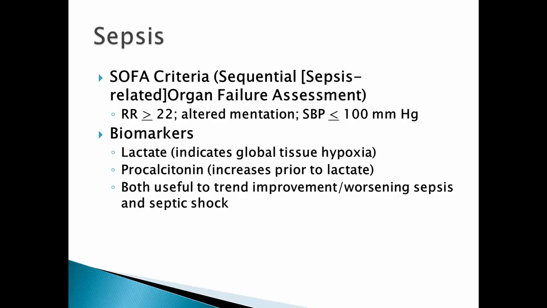But the value of both lactate and procalcitonin is less on the diagnostic side, but it is extremely helpful to trend because it will tell us whether or not the sepsis is worsening or improving and whether a septic shock is worsening or improving.